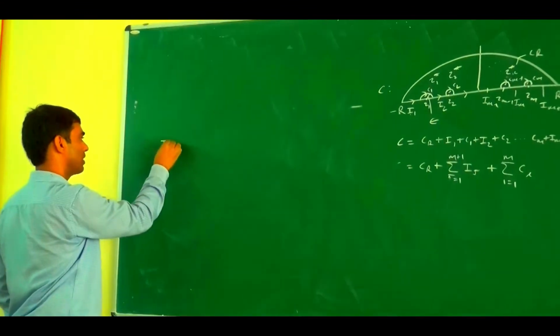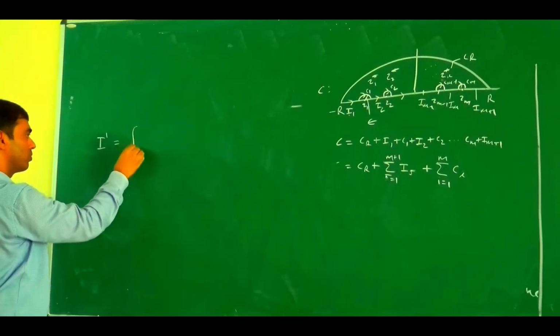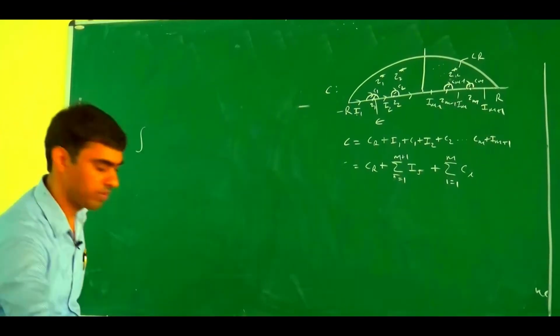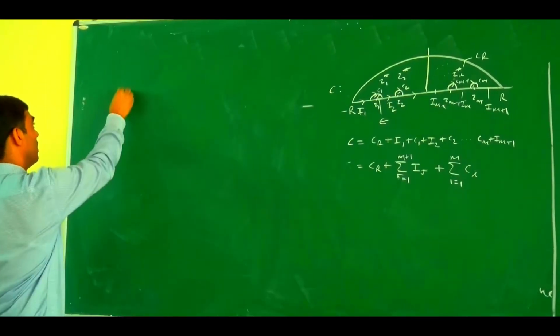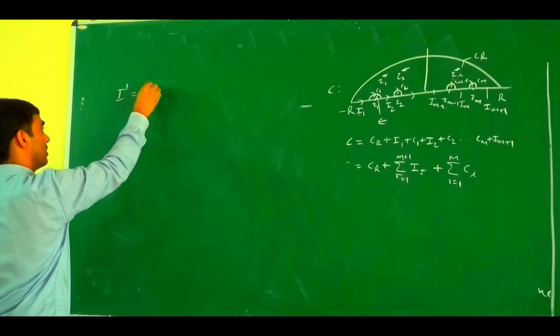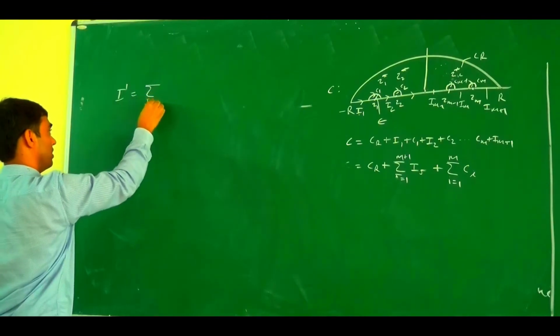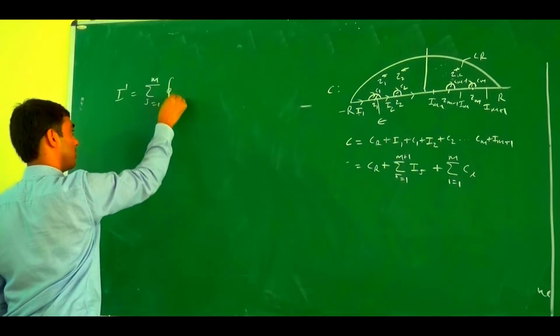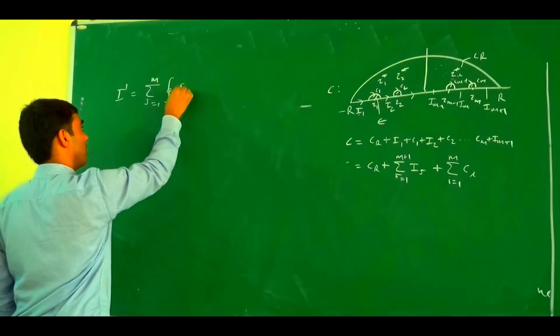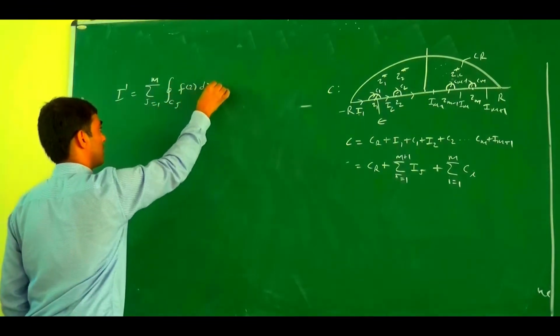What is the value of I dash? I dash is the summation j equal 1 to m of the integral over Cj of f(z) dz.